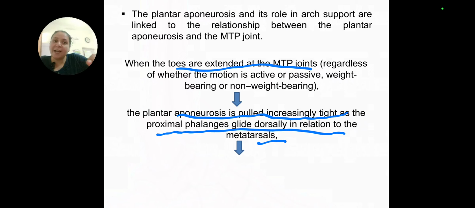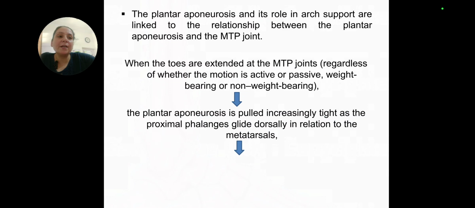So basically there is a gliding movement which takes place. You know that because the MTP has gone into extension, the proximal phalanx also glides dorsally. Remember, it is bringing about an extension at the MTP joint. So there is a gliding movement of the phalanx in relation to the metatarsal.